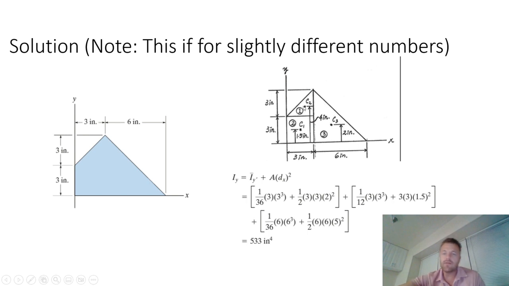Well, why is that? If you go to your table lookup for a triangle, remember that the centroid is 1/3 away from the peak side of the actual triangle. And here's what I mean by that. If we walk along the base of triangle 1, note that here is the peak. So if I go 1/3 of the base over, since the base is 3 wide, that means that the centroid, in terms of its x location, is 1 unit to the left.